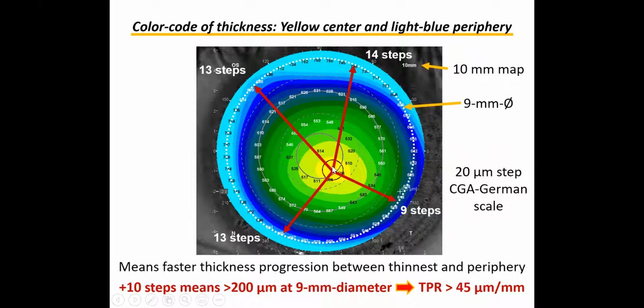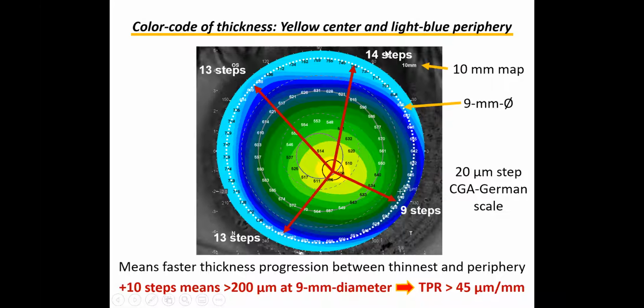So if we have 10 steps of 20 microns each step, it means 200 microns of difference between the thinnest point and the 9 millimeters row, okay? We already have a thickness progression ratio larger than 45 microns per millimeter, which is our limit of normal progression of pachymetry.